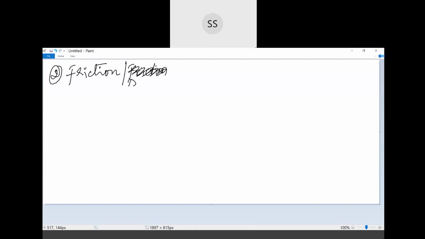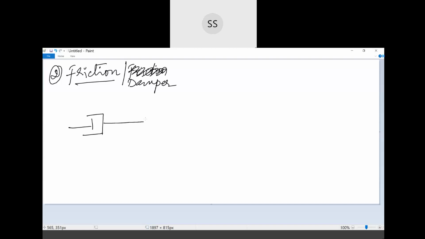So the damper element. So now here the same symbol is used for the damper or the friction.